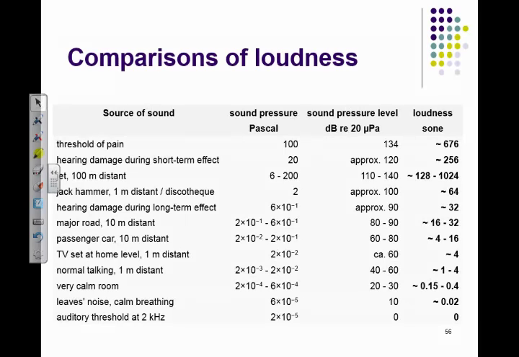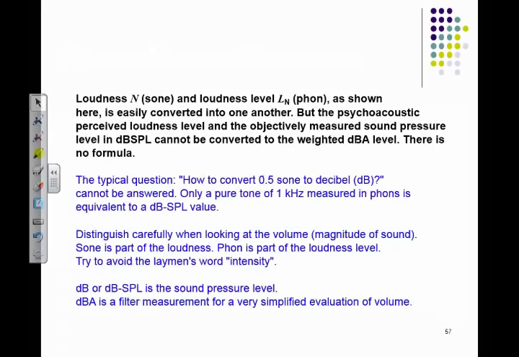But you can see roughly, normal talking at 1 meter distance is about 1 sone. If you double that, or double it again, you get a 60 decibel TV set, and so on. The sone is a nice measure because it has a useful range of perceptual measures.